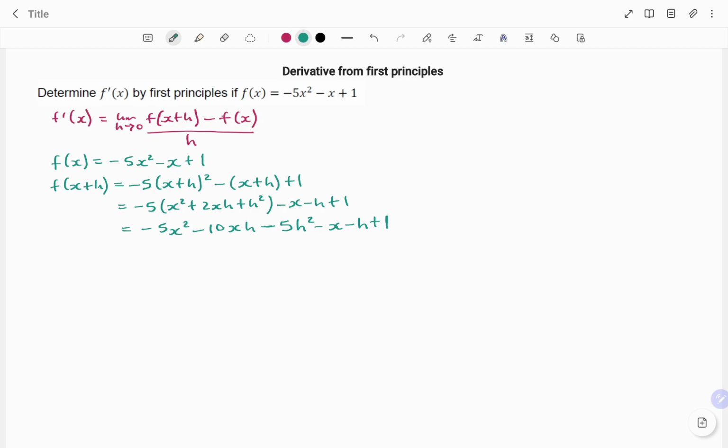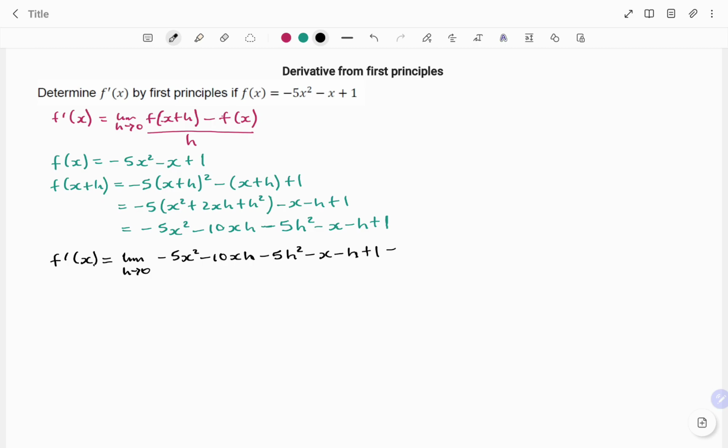Putting our values into our formula, we have f prime of x equals the limit as h tends to 0, f of x plus h, that will be minus 5x squared minus 10xh minus 5h squared minus x minus h plus 1.